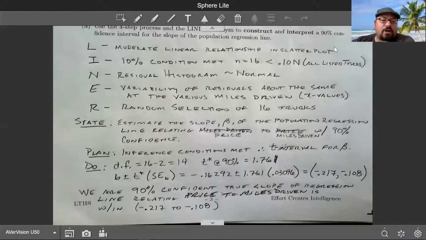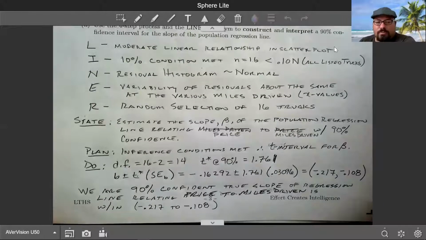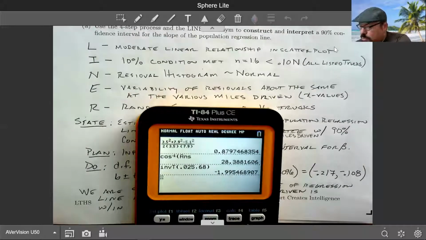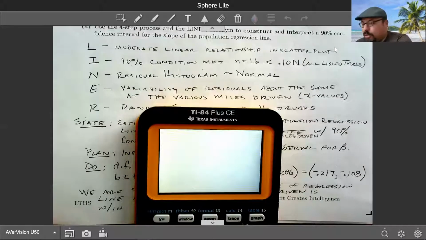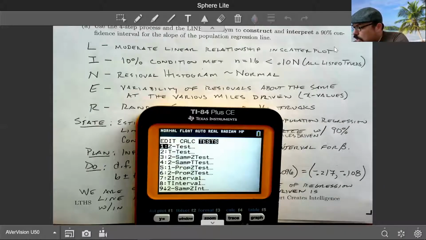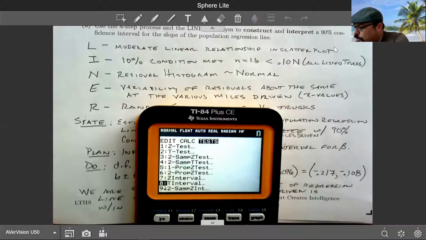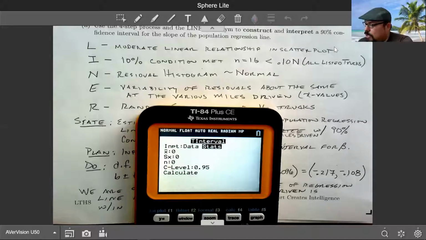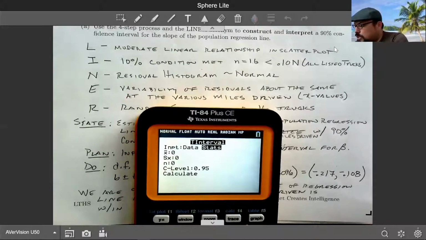Okay. How can we do that with our calculator? Pretty straightforward. Let me press second plus 712, clear this out. Okay, so I can go stat and I can do a test, and I have a t interval that I'm trying to set up. I'm just going to do it with stats. What's the statistic that we found?